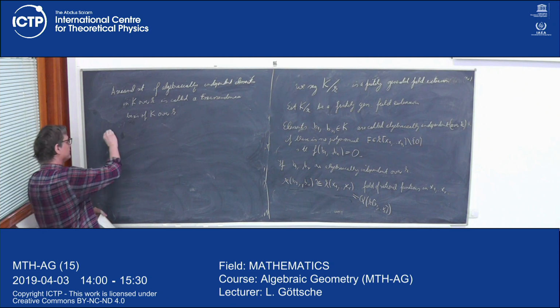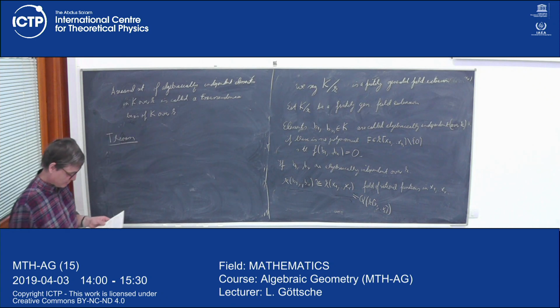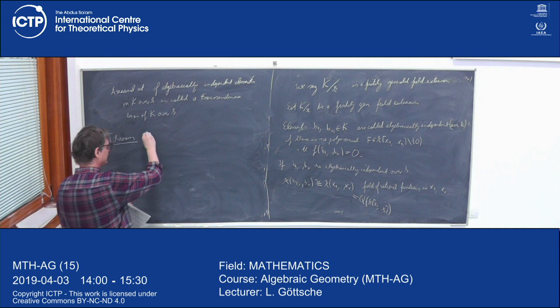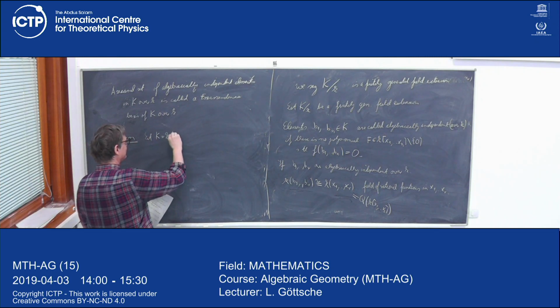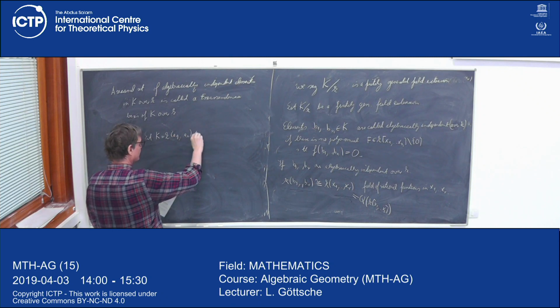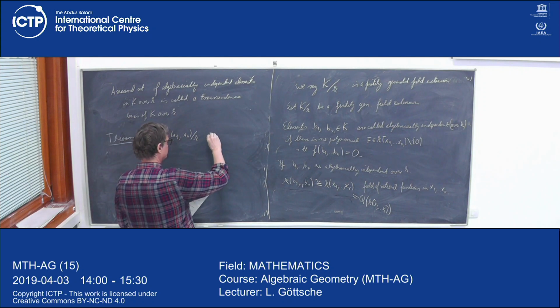And anyway, so the following theorem I'm not going to prove, but you should be able to do it if you paid attention in the linear algebra course. So let K equal to k(a1 to an) over k be a finitely generated field extension.